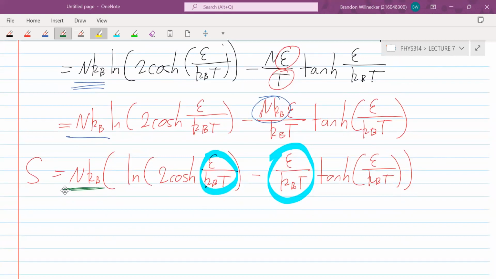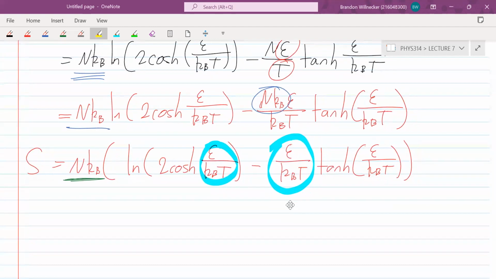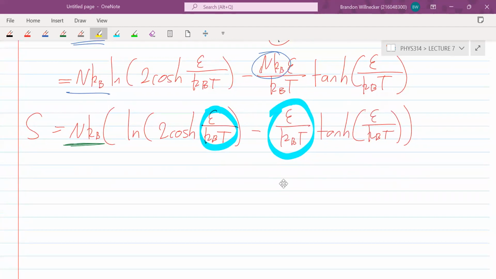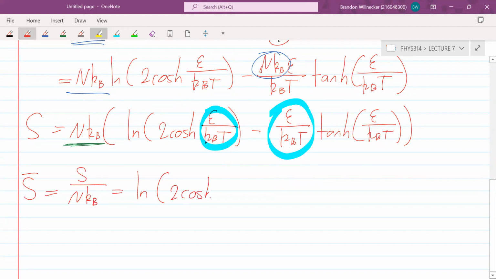Again, it's N times KB. So what you can do now is, since entropy is an extensive variable, we can divide both sides by NKB, and we get S, let's call it S bar, is equal to S over NKB, and that's equal to the natural log of 2 cosh epsilon over KBT minus epsilon over KBT tan hyperbolic of epsilon over KBT.